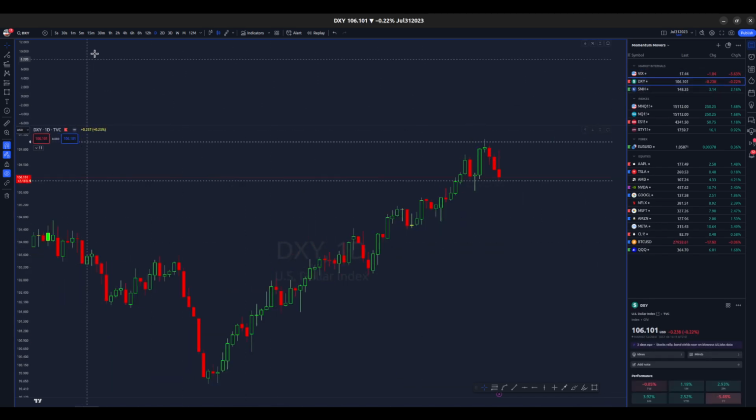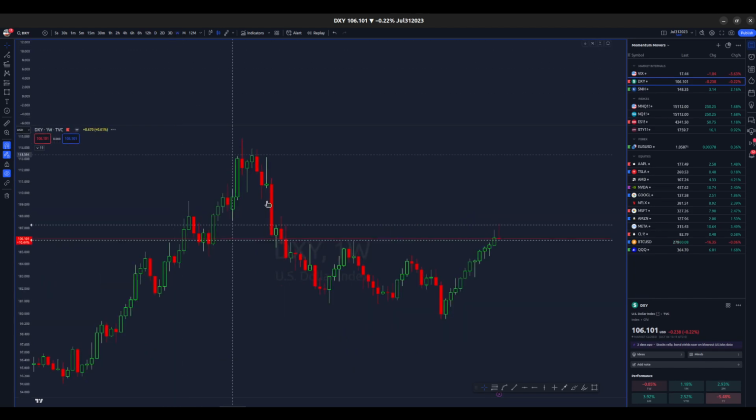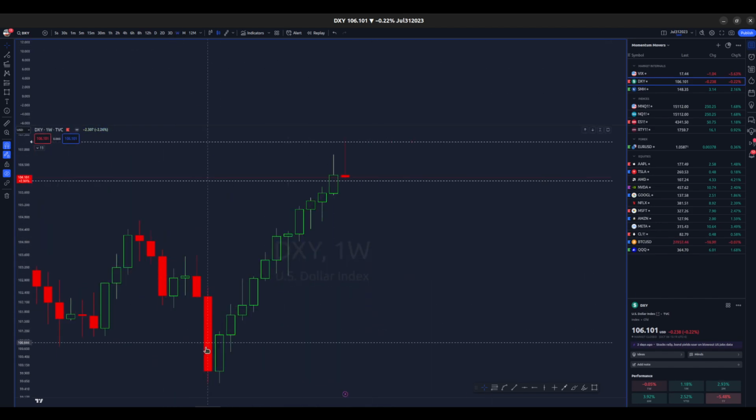Looking at the dollar, starting on the weekly time frame, let's count the weeks that we've gone up. 12 weeks.